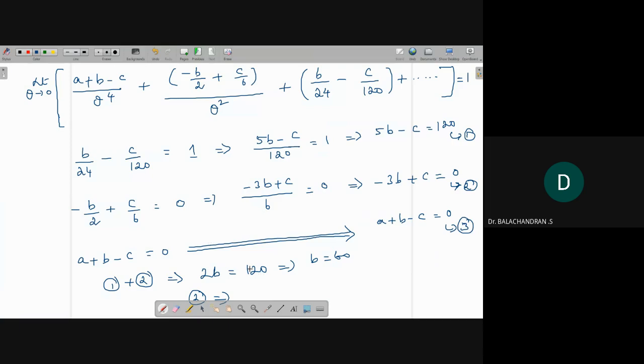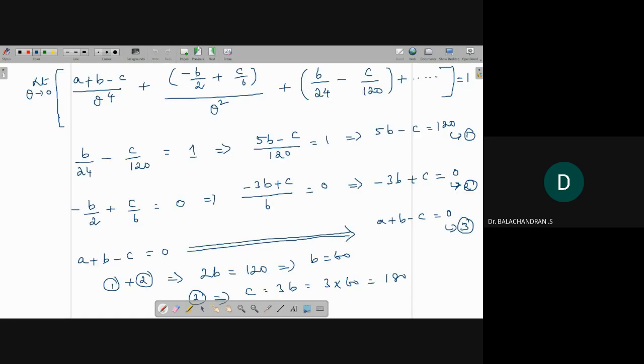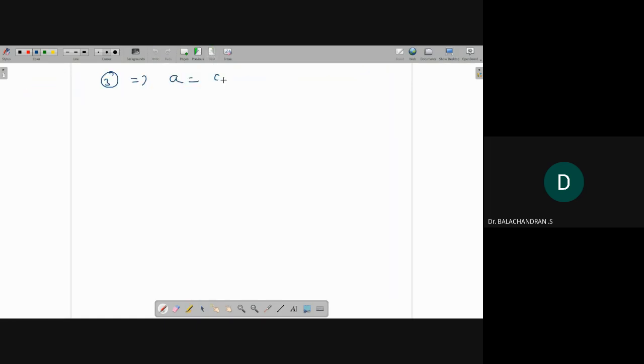So, okay, good. Now from 2, c equal to what? c equal to 3b. 3 into b is 180, 60. c equal to 180. Now substitute the values of c and b in equation 3. So what is a from equation 3? a is c minus b.